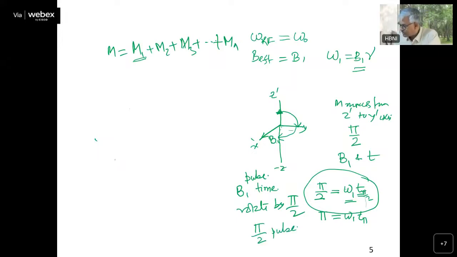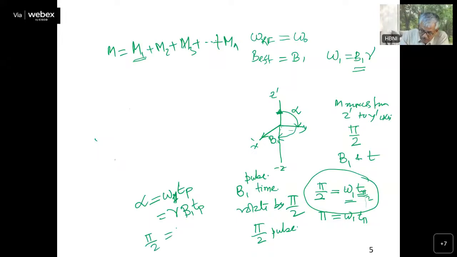If you consider this as alpha equal to omega 1 tp, or gamma B1 tp, where tp is the pulse duration, and this alpha is pi by 2, you can find out what should be the time required to get a pi by 2. So you have to give a pulse for that much time only.